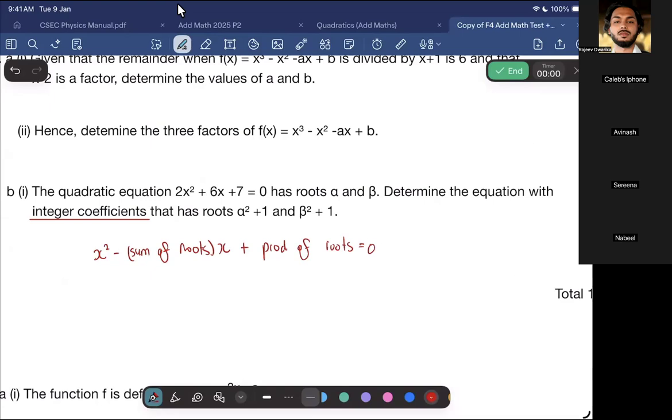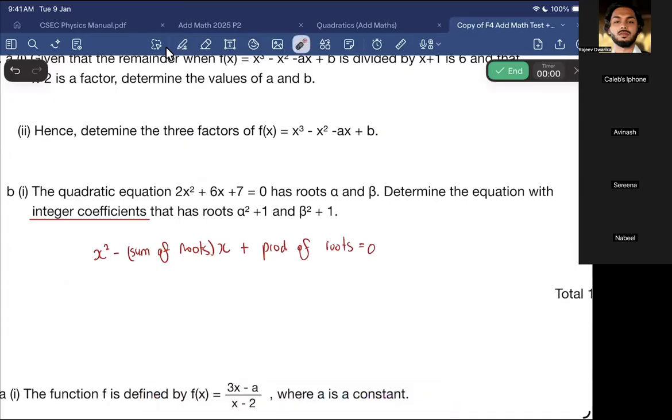How do you find the new product of the roots? It's easier than you think. So Serena, what are the new roots? Alpha squared plus 1 and beta squared plus 1. Correct. So if I want to figure out the product of the roots, I just have to find that product.